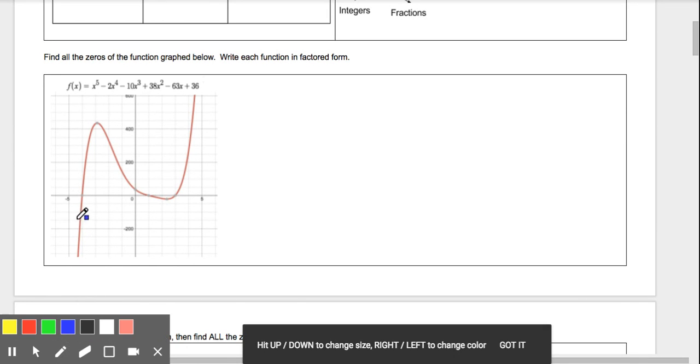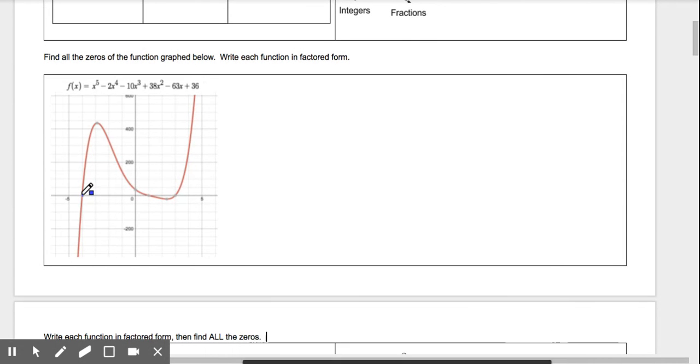Now the graph helps us determine what the zeros are. The graph gives us already 3 zeros. One of them is here, and another one here, and another one here. So we can visibly see 3 zeros in the graph. If this is -5, this must be -4.